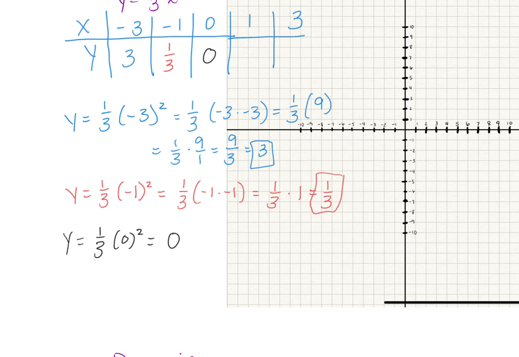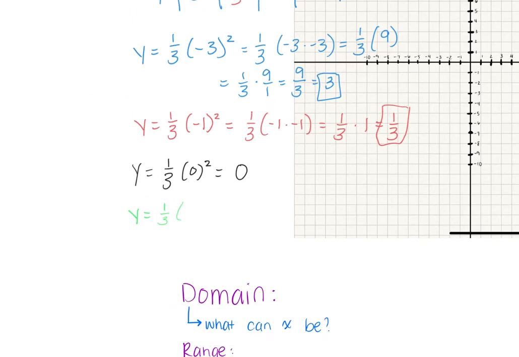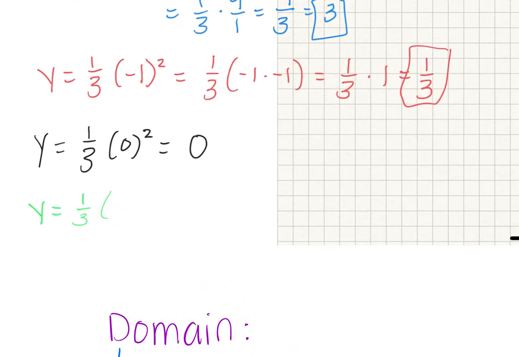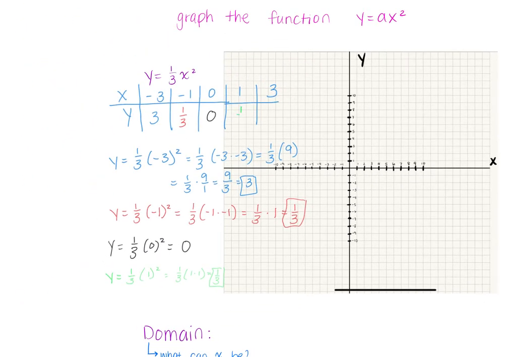Let's plug in x equals 1. y equals 1/3 times 1 squared. This is the same as 1/3 times 1 times 1, which is 1/3. So at x equals 1, y is 1/3.